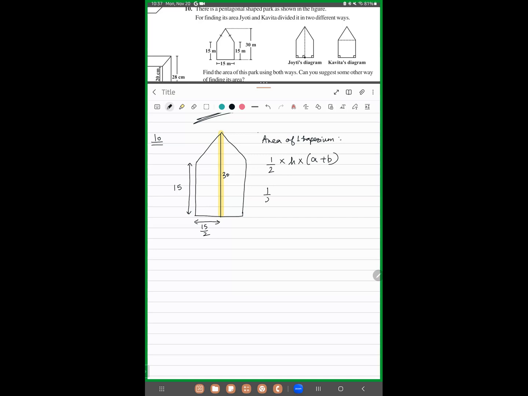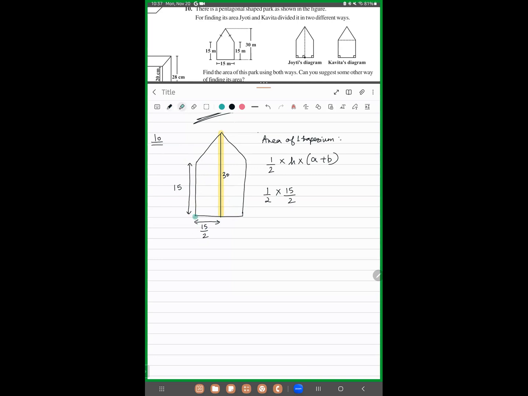So half into, how much is the height? 15 by 2. We've written 15 by 2, see. Why is it 15 by 2? I explained it just now.